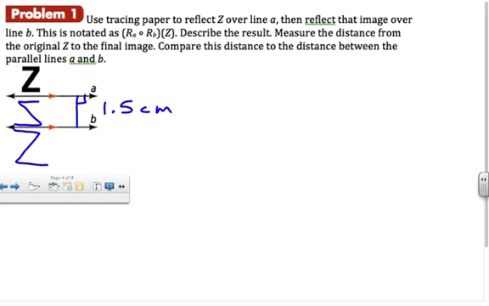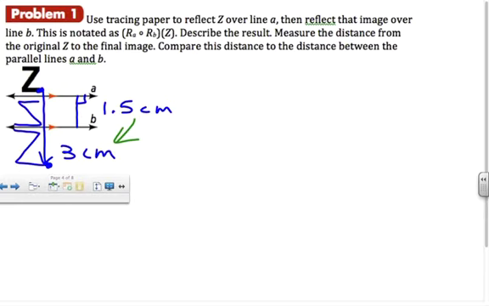If you were to measure the distance from here to here, it would be really close to 3 centimeters. Well, notice the relationship between these two numbers. The distance of the translation is twice the distance between the two parallel lines.